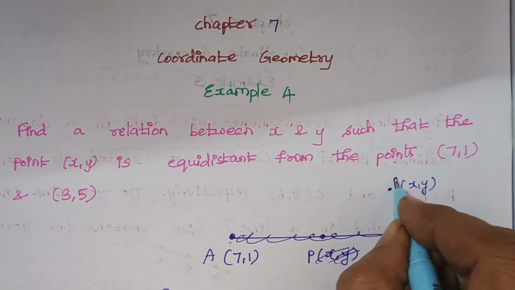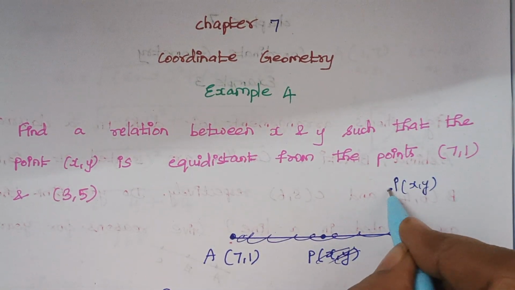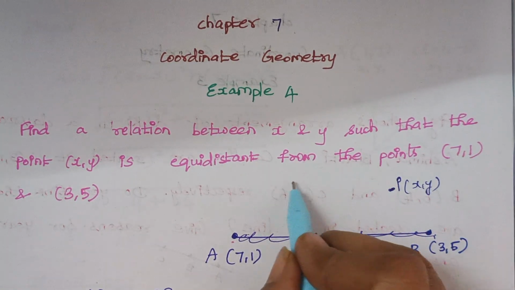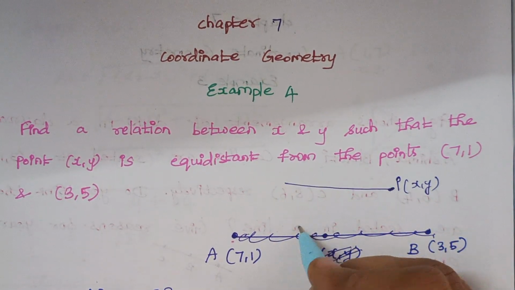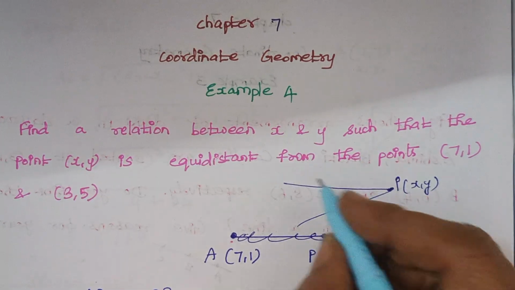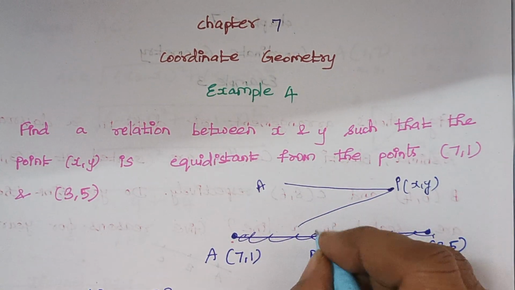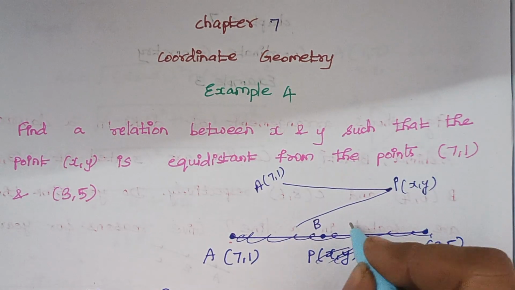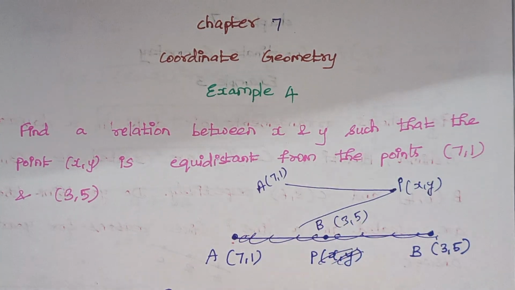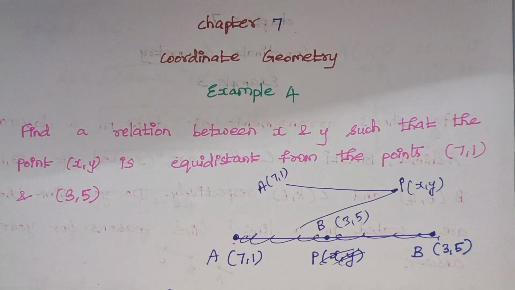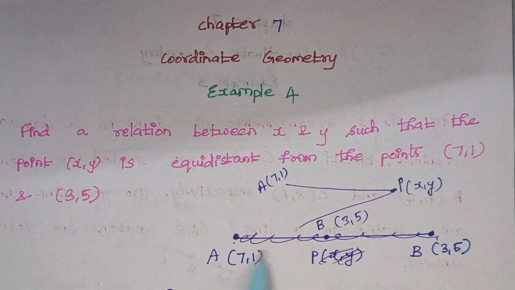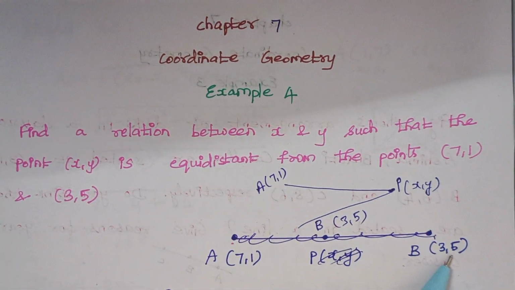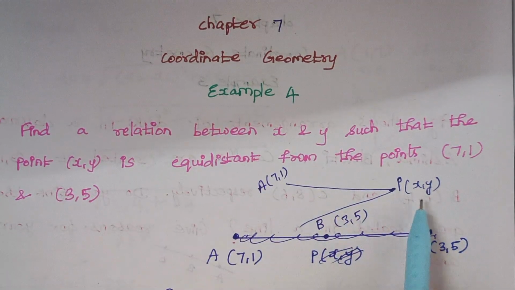I am denoting this as point P. And there are two more points which are equidistant from this point P. So here I am giving the one as A and the other point as B. Let the point A be (7, 1) and B be (3, 5), right? This diagram will be more appropriate, rather than all the 3 points lying on the same line, which is not correct. So this is the right diagram, right?